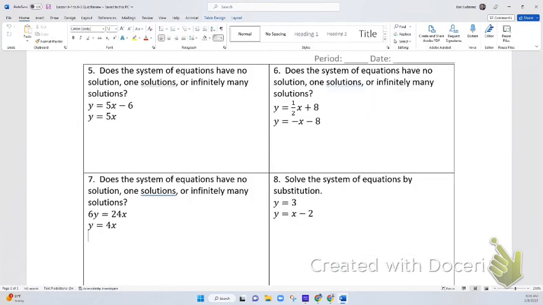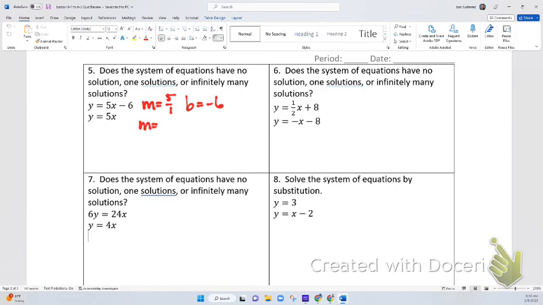Alright, for the backside, they want to know, does the system of equations have no solution, one solution, or infinitely many solutions? So all you need to do for the next few questions is figure out what the m is. So for this one, the m is 5/1. The b is -6.